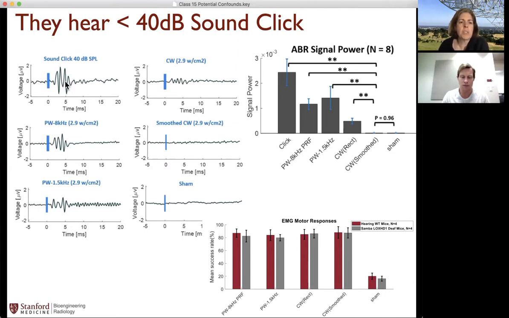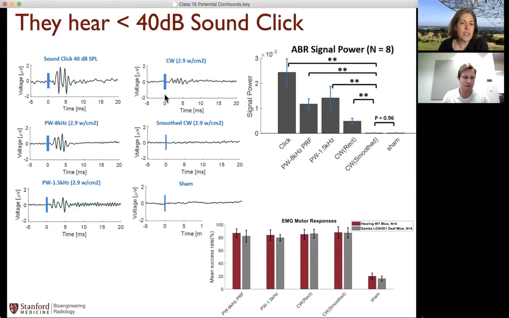That 40 dB, just to put it in perspective, is about, I measured it with my iPhone. You can say, well, what's the ambient noise? And the sound of the fish tanks in the dining room was about 40 dB SPL. It's not enough to make me startle or the mice. So just to put that in perspective.